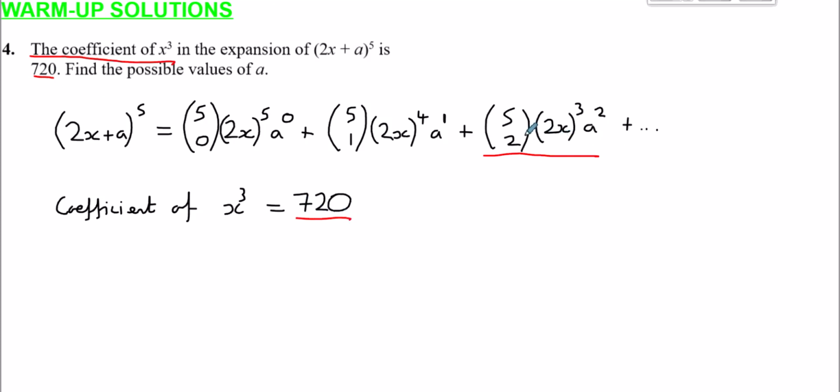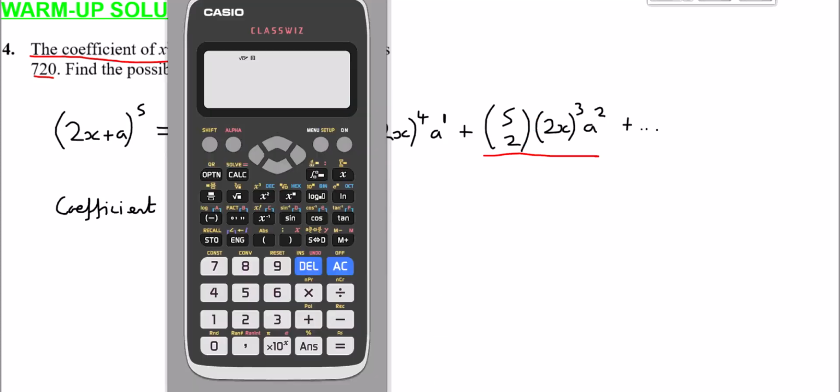And according to this, we can work out the coefficient of x cubed by using our calculator. So what we do is we do 5C2. The way we do this, if you remember, is we type the first number, so 5, and to get C, we do shift, then the division button, then 2. And that'll give us whatever. So we can press it now if you want, equals 10.